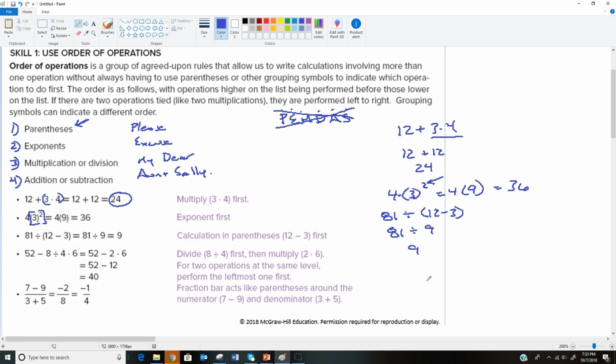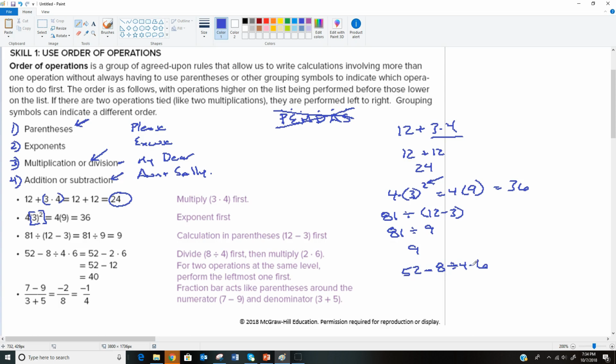Now this next one has 3 operations. 52 minus 8 divided by 4 times 6. So as we look from left to right, we have a subtraction, a division and a multiplication. Well, I can't do the subtraction yet because multiplication and division are a step above addition and subtraction. So I want to do this multiplication and division first, but I'm going to look from left to right.